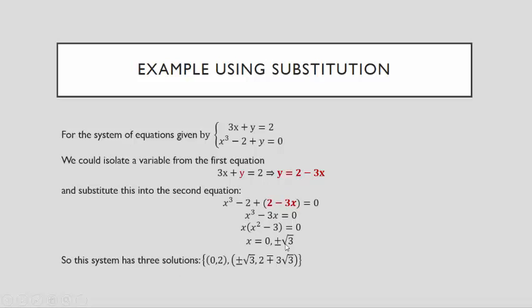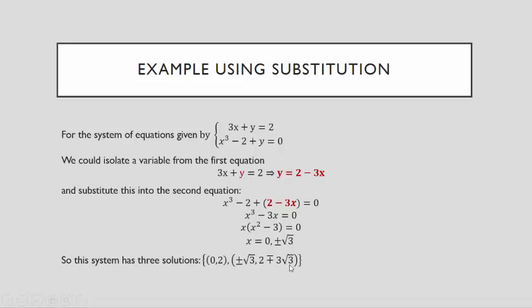If x is positive square root of 3, then y would be 2 minus 3 times the square root of 3. So you'll notice if it's plus for x, it's the subtraction sign for the y solution. And if x is equal to negative square root of 3, when you plug in negative square root of 3, this becomes a positive, and so the y value would be 2 plus 3 square root of 3.